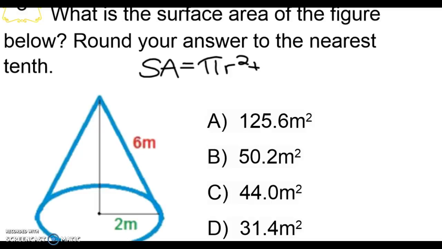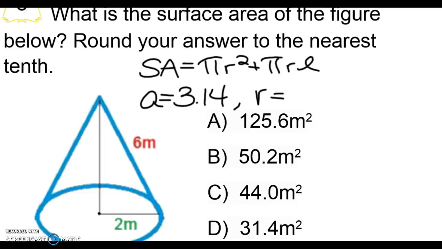That's a double R. Pi RL. Let's try that. And we know that when we use decimals, we're always going to say that pi equals 3.14. R is our radius, which they do give us as 2, so that's nice. And that the L is the slant, it's the number that's on the outside of the cone.